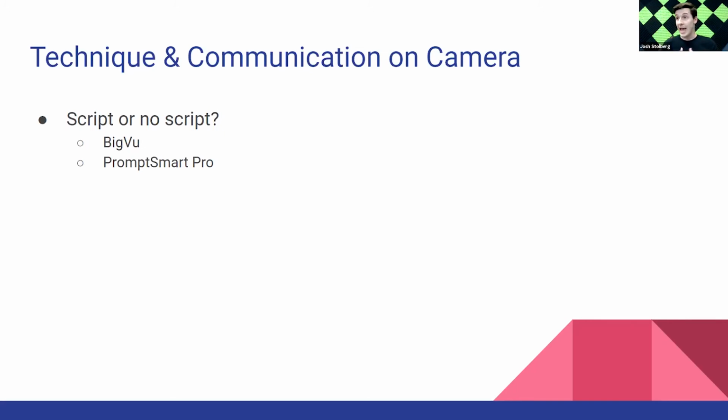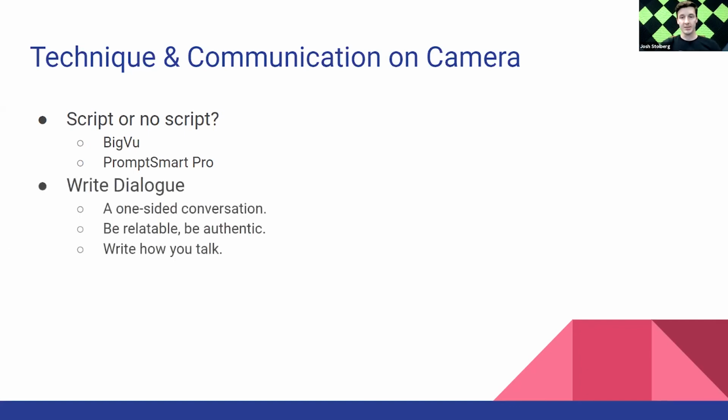I like to use apps like Big View, which is a great teleprompter app, and Prompt Smart Pro, which is another great teleprompter app. Because they allow you to read and record right off of your phone at the same time. So you can have the teleprompter running on your phone as it's recording you talking to your audience.